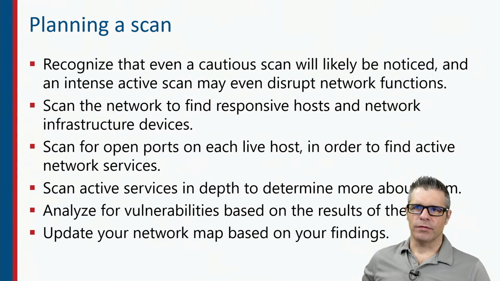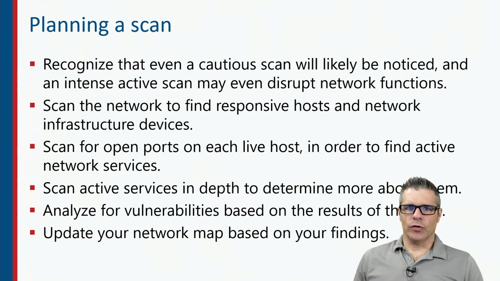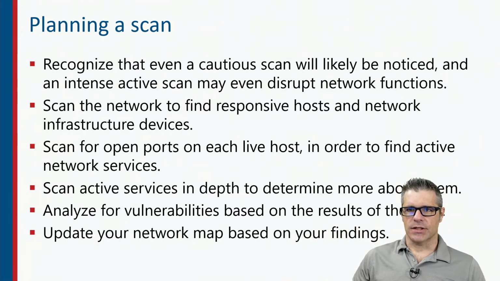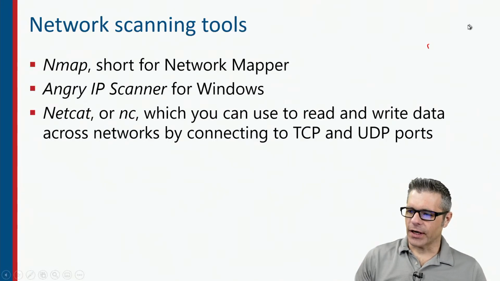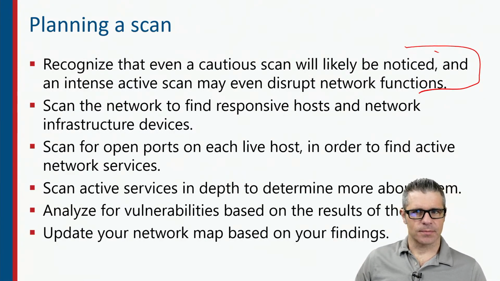So ideally, we've done our OSINT, we've done some reconnaissance, and we're ready to move into the active stages of reconnaissance. This is the place where we're probably going to wake up somebody's network intrusion detection systems.